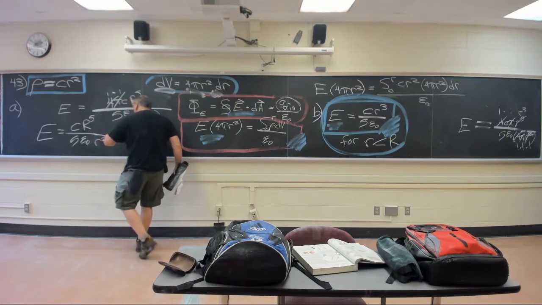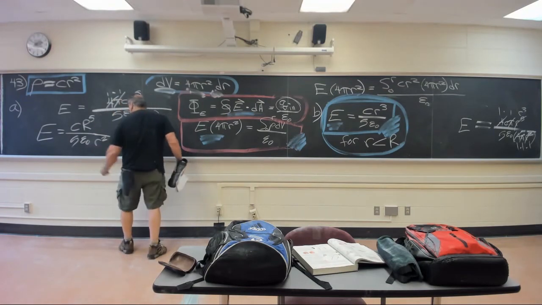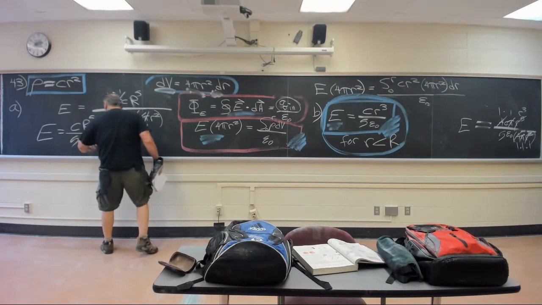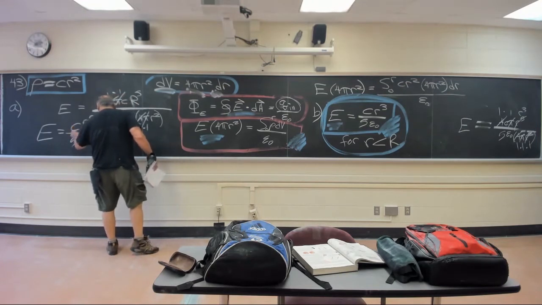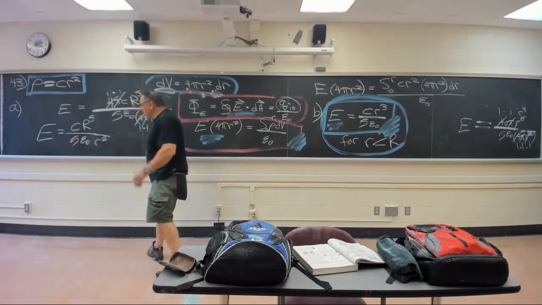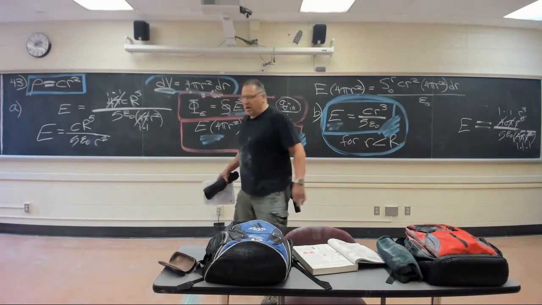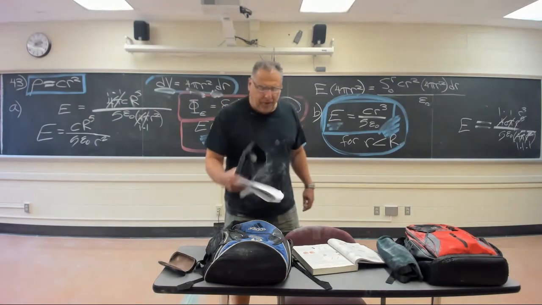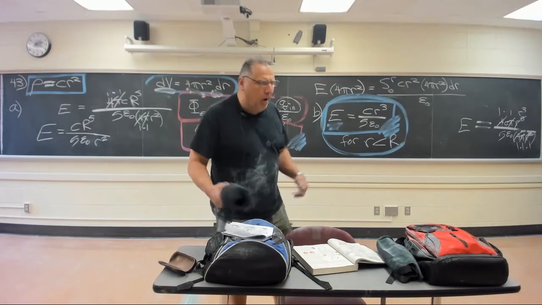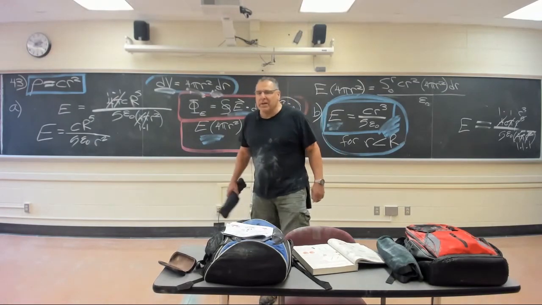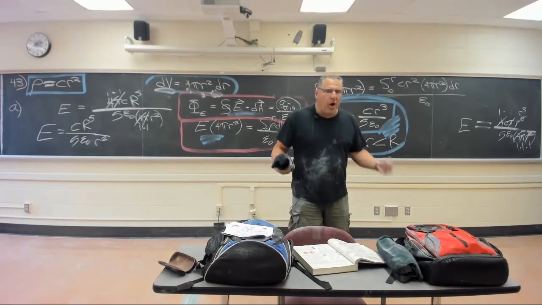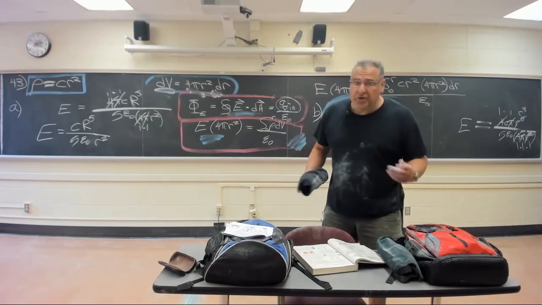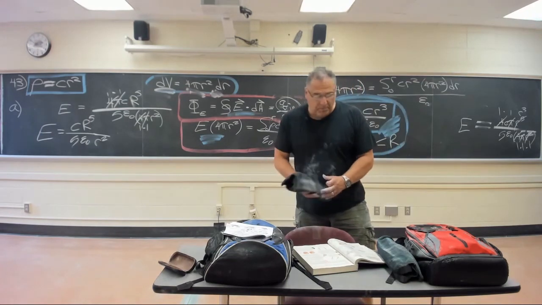This is the only variable, and the further away you get, the E field gets smaller. The C capital R to the 5th over 5 epsilon naught is all a constant. But the r squared, and that makes sense, because after you go beyond capital R, there's no more variability as far as the charge that you are dealing with. You've accounted for all the charge that there is in this particular problem.